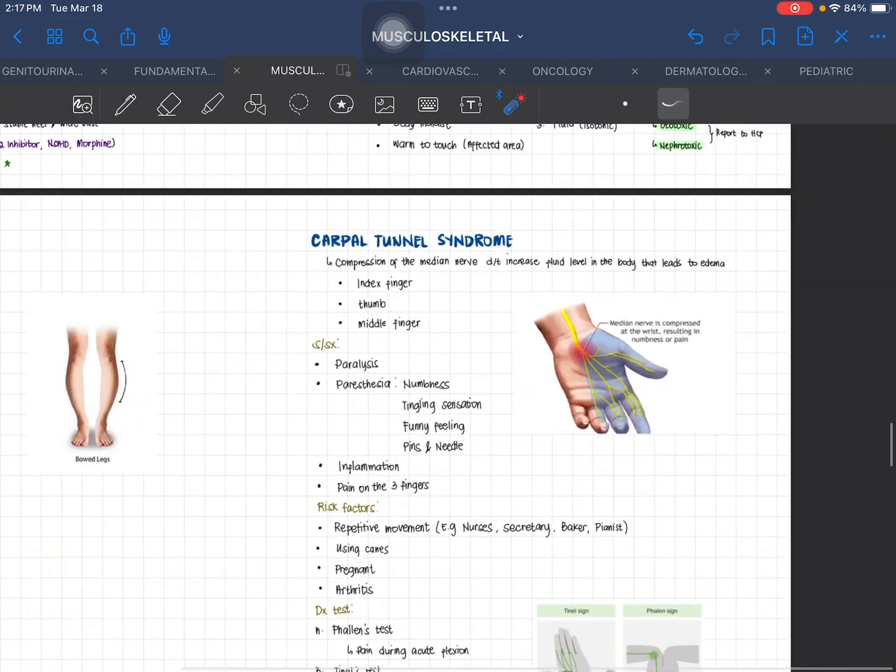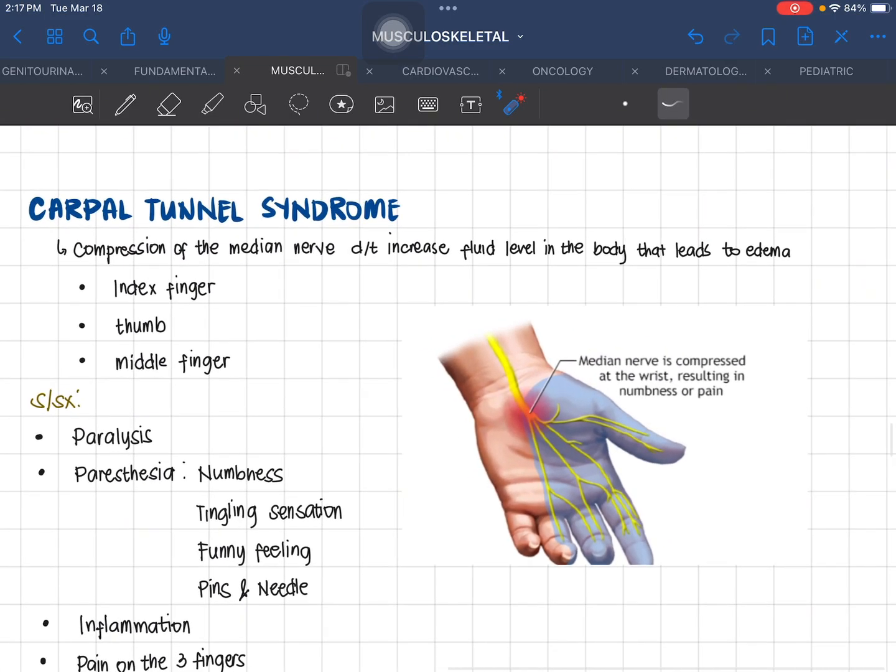Okay, so summarization, carpal tunnel syndrome. So, carpal tunnel syndrome is a compression of median nerve due to increased fluid level in the body that leads to edema. Yun, naiipit siya. So, ano yung mga fingers na affected dito? The index finger, thumb, and then the middle finger.